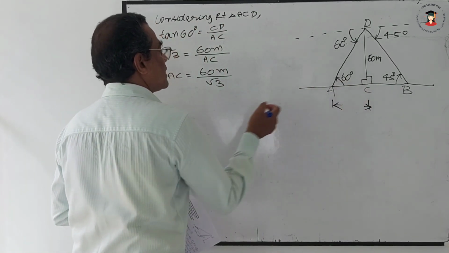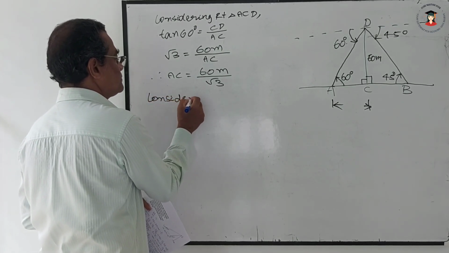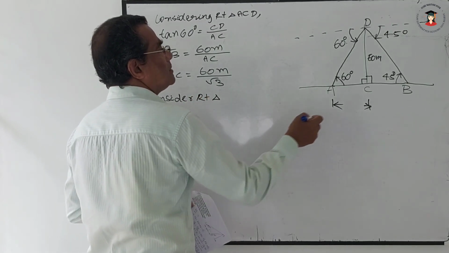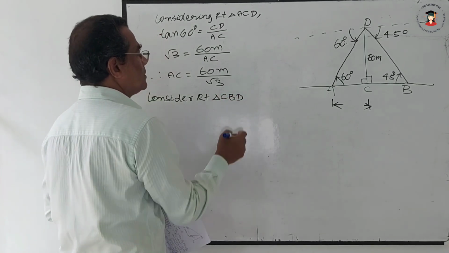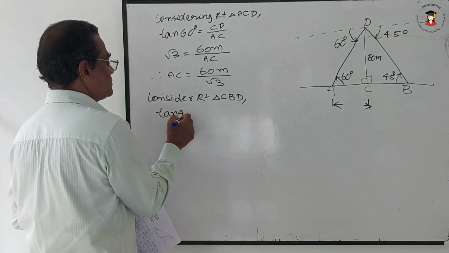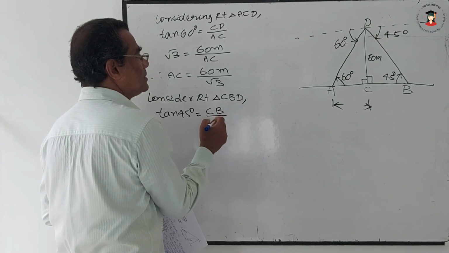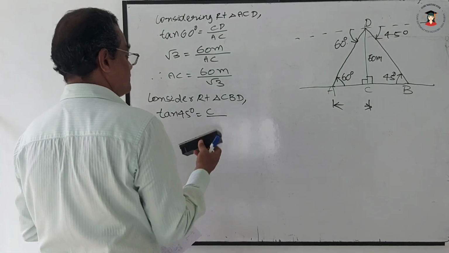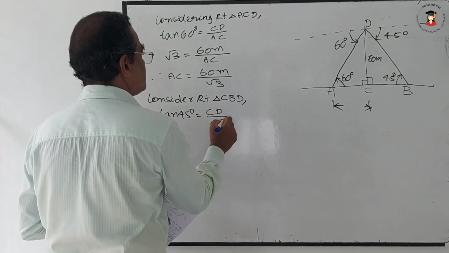Then consider the other triangle, right triangle CBD. Tan 45 degree equal to CD by CB.